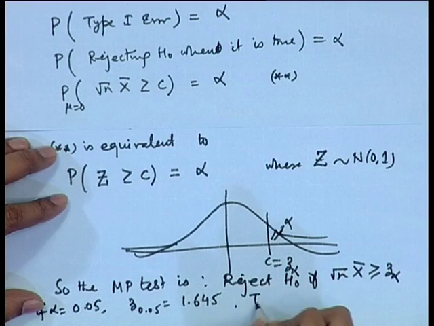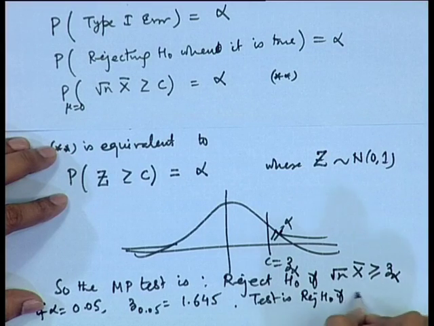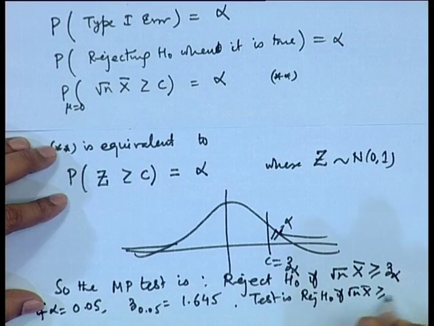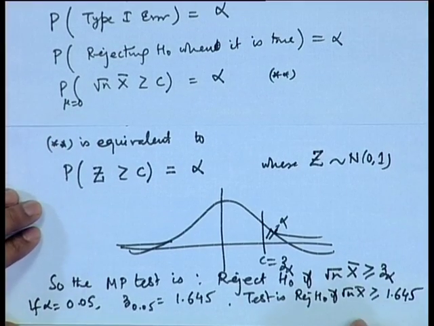So, the test is to reject H naught if root n x bar is greater than or equal to 1.645. So, you can see the Neyman Pearson lemma gives us a precise test for taking the decision to accept or reject a null hypothesis in a given situation.